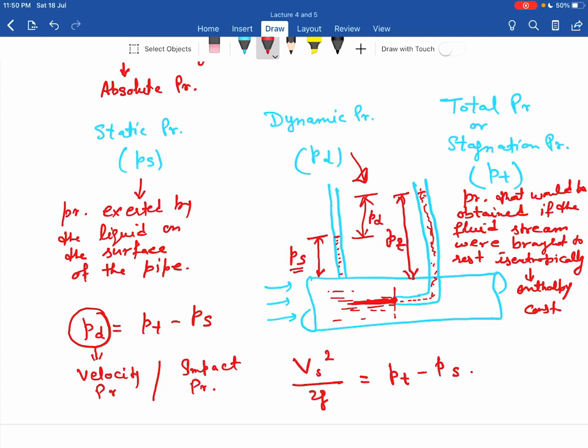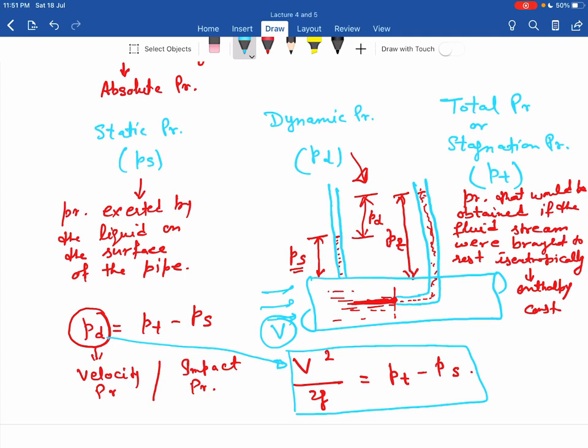Here V is the velocity of the flowing fluid. So V squared divided by 2G is equal to PD, and this is equal to PT minus PS.